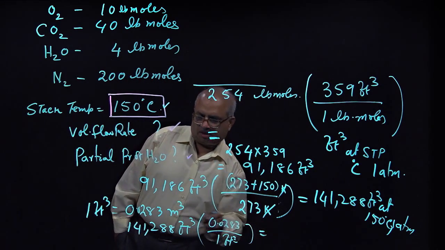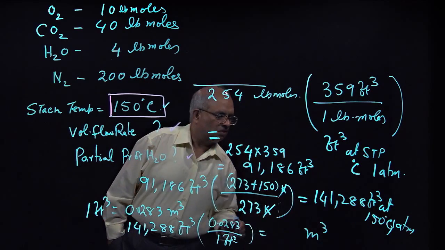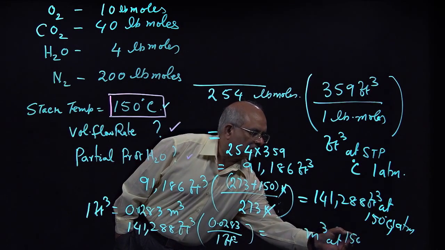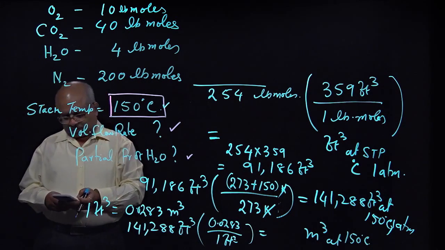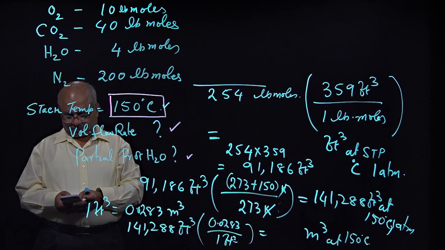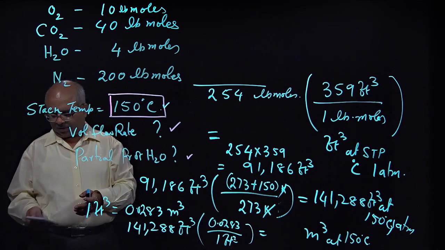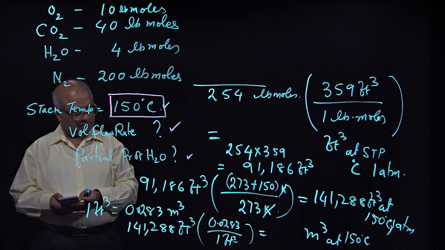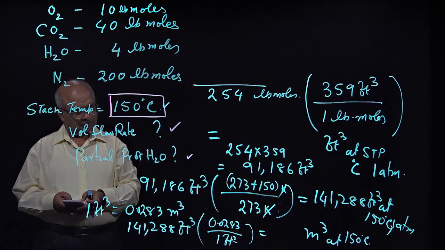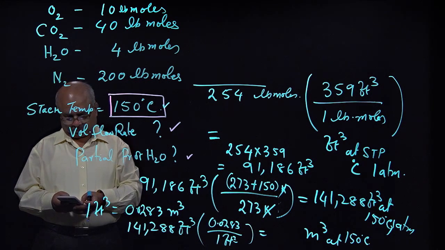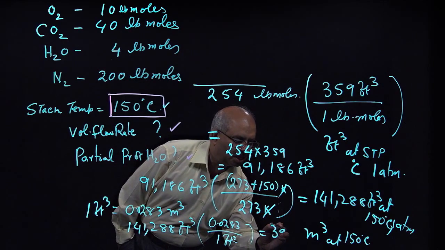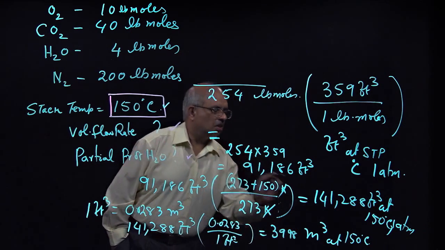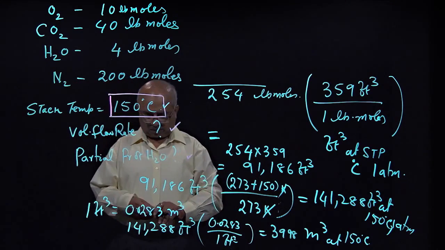So this would be the volume at 150 degrees Celsius: 3,998 cubic meters. That is the volume that we are after.